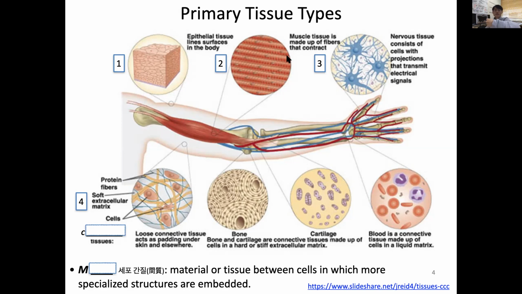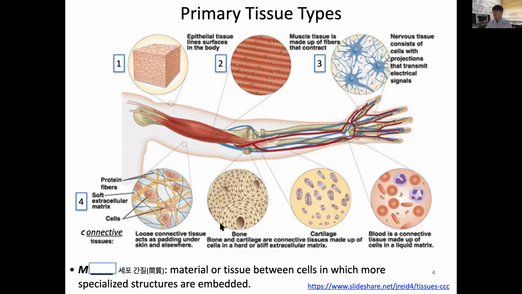And to move this, we need to send a signal, which is electrical. So there are specialized cells with projections that transmit these electrical signals, which we call nervous tissue. And the rest of them, put together, we call collectively connective tissue. For example, inside the body, under the skin, there's loose connective tissue acting as padding under the skin and elsewhere.